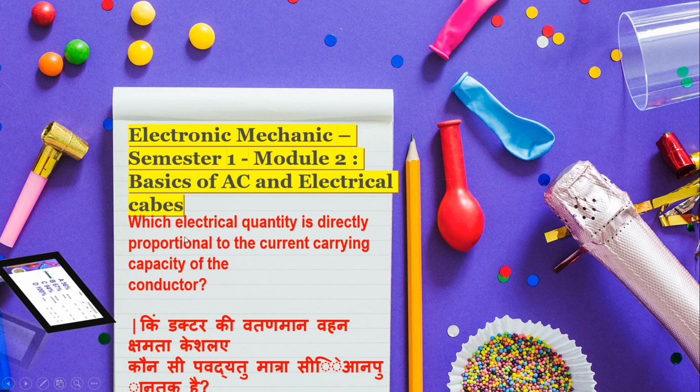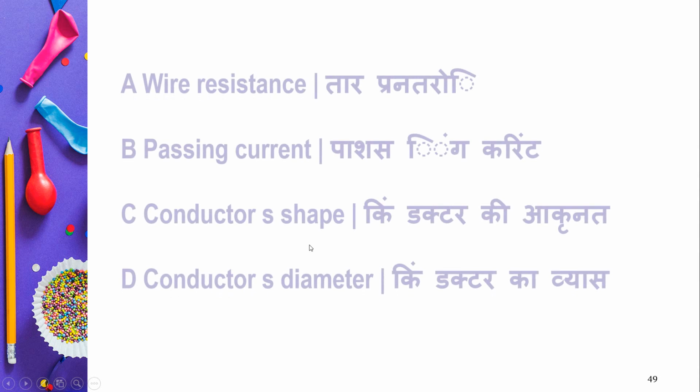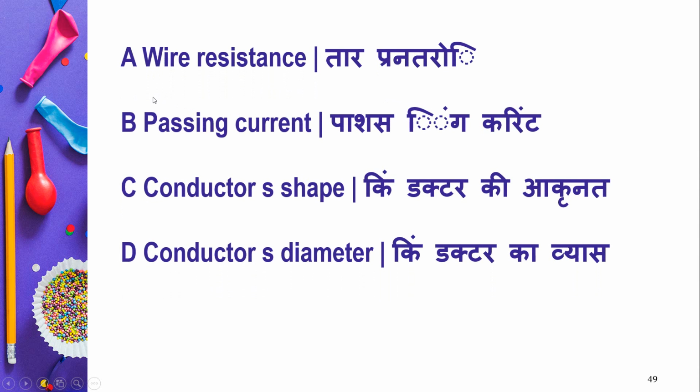There are four options given: I is directly proportional to the wire resistance, or to the passing current, or to the conductor's shape, or to the conductor's diameter.